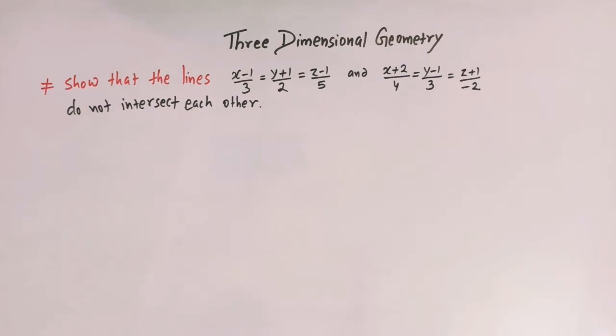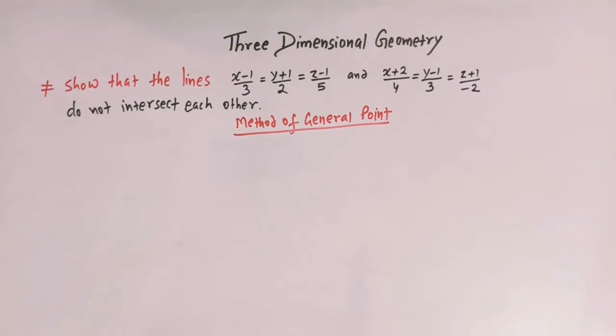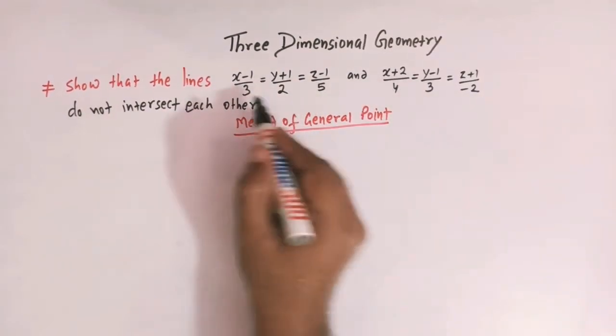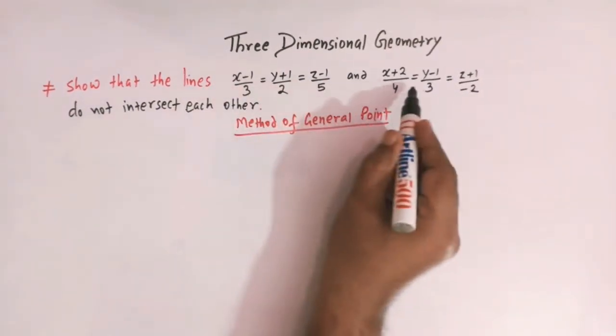Here we will not solve this problem by the method of shortest distance, but we will solve it by the method of general point. In the method of general point, first we will write the equations of these two lines.